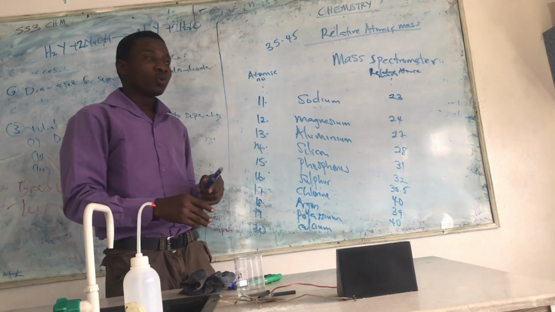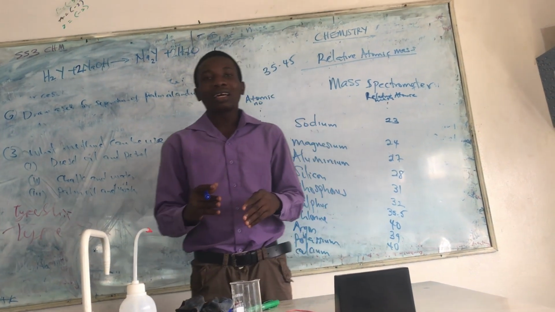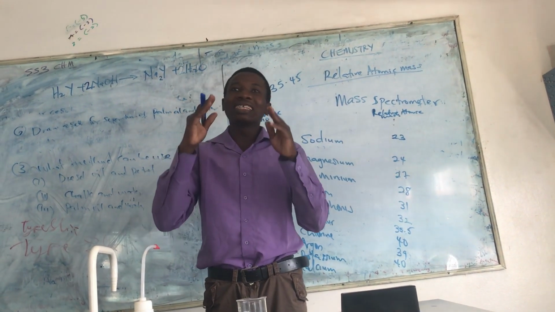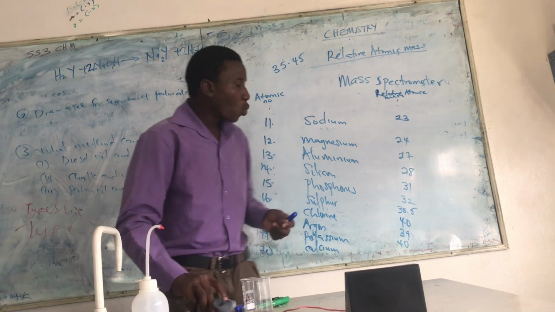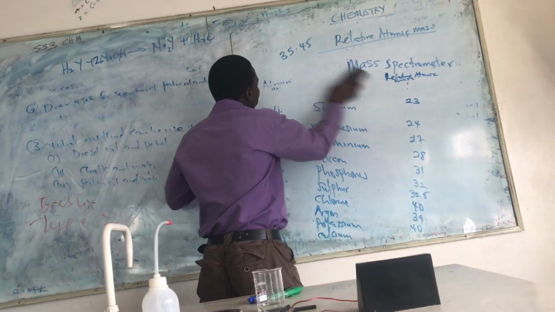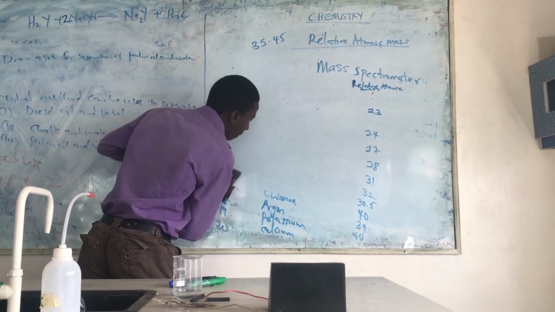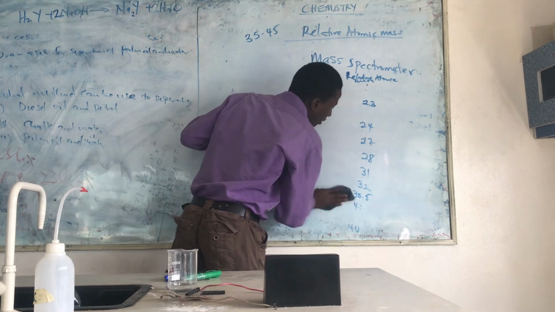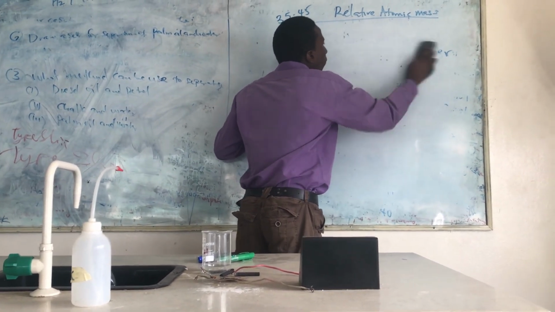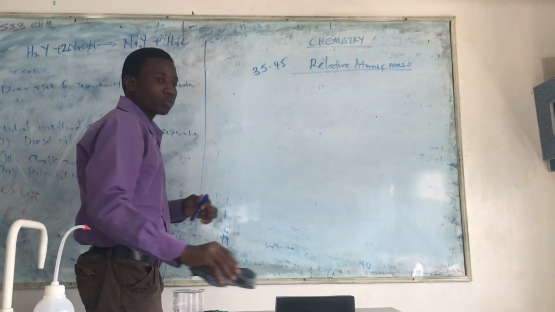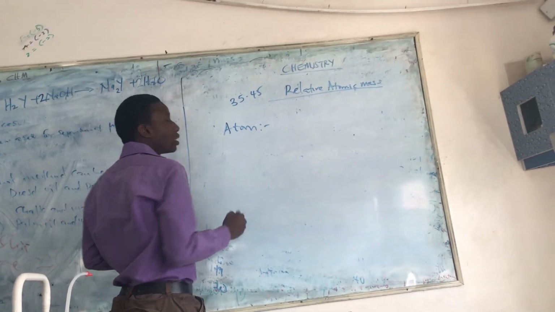What do we call a molecule? A molecule is the smallest particle of a substance that can exist alone. What do I mean by that? Let me first talk about atom. What is an atom?